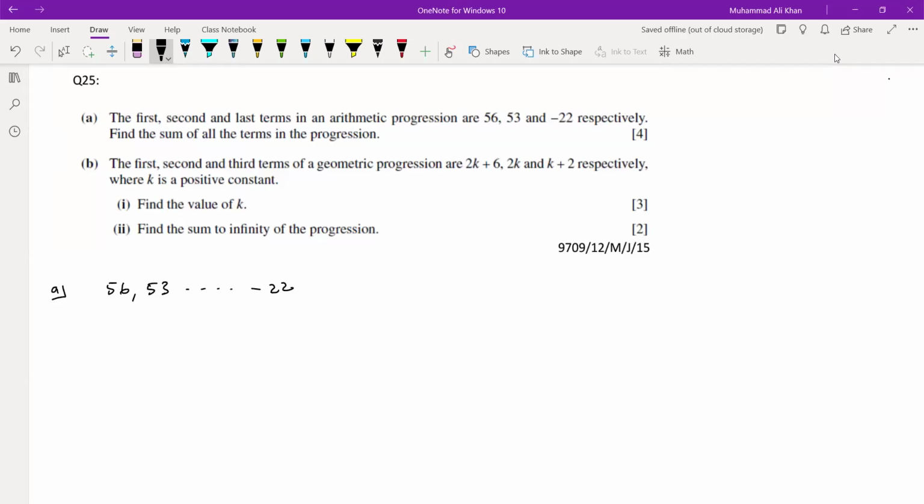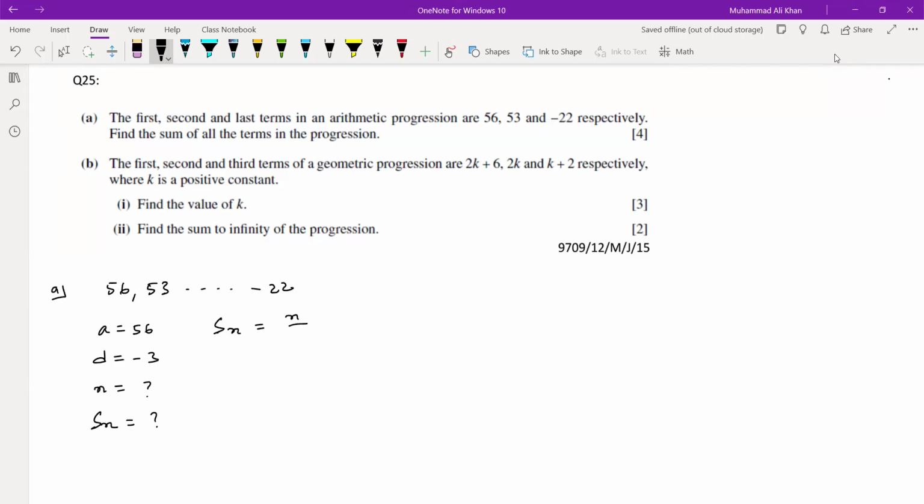Sum calculate करने के लिए we must know the value of A जो हमारे पास है. A is 56, D is -3, N नहीं है तो Sn कैलकुलेट करने के लिए N होना चाहिए कि कितनी टर्म्स हैं इस. राइट, कैलकुलेट करते हैं. Sn का फॉर्मूला क्या है.